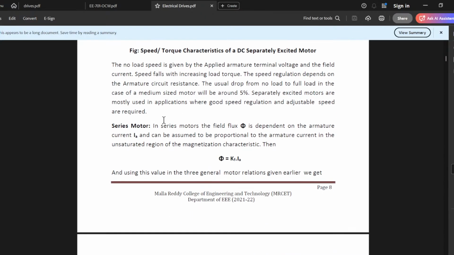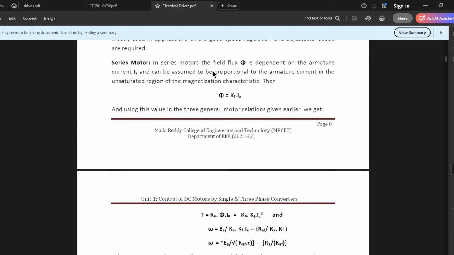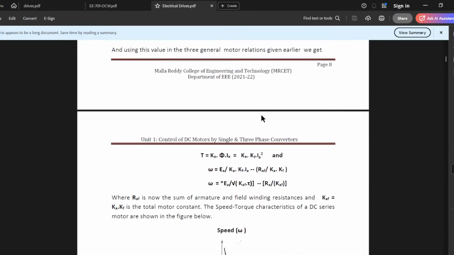Series motor. In a series motor, the flux phi is dependent on the armature current Ia and can be assumed to be proportional. So K phi is equal to Kf Ia. For series, phi is equal to Kf Ia.